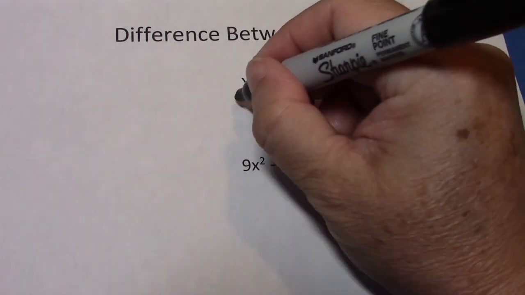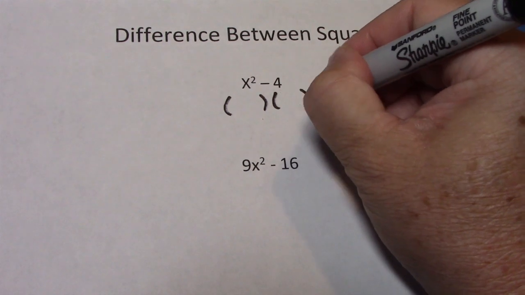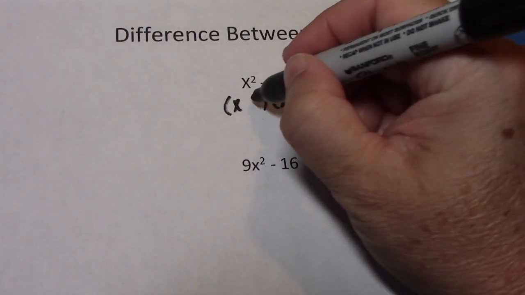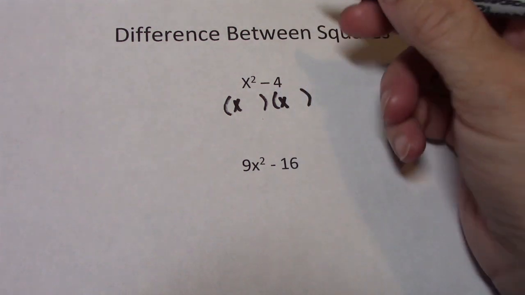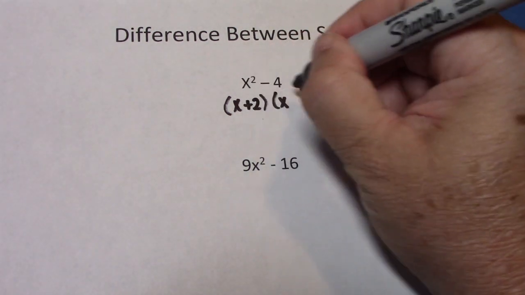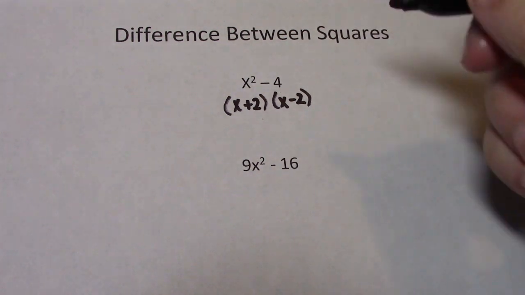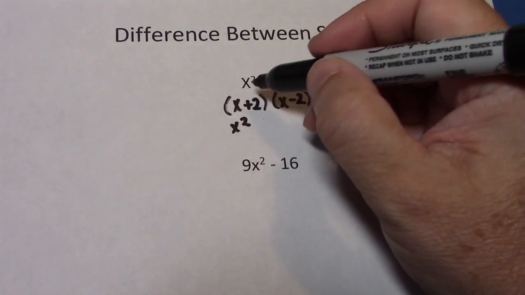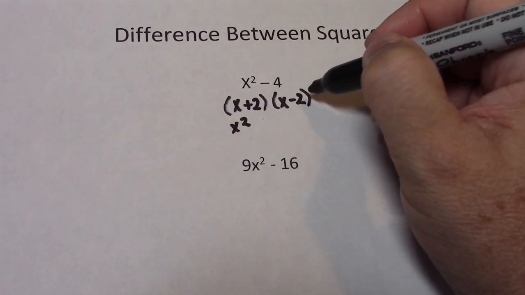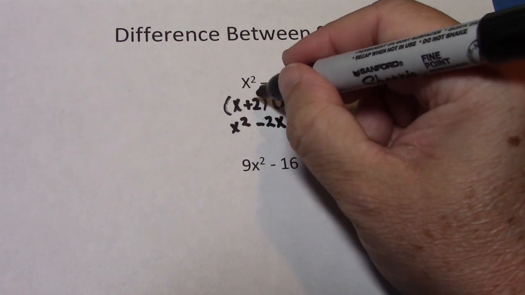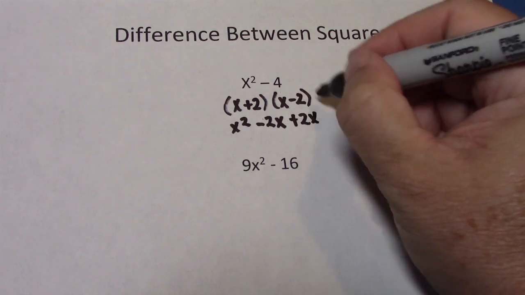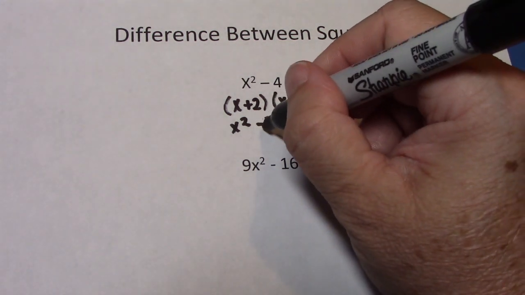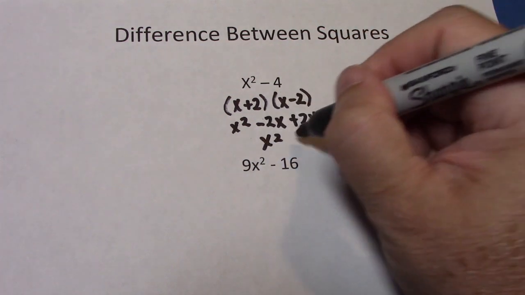What actually happens is that you get, that's your standard beginning, but you'll have the square root of 4, which is 2, plus 2 and minus 2. And what happens is x times x is, of course, x squared. Do the outer, x times negative 2, minus 2x, inners plus 2x, and then minus 4. When you combine these like terms, they actually cancel out, and you're left with x squared minus 4.